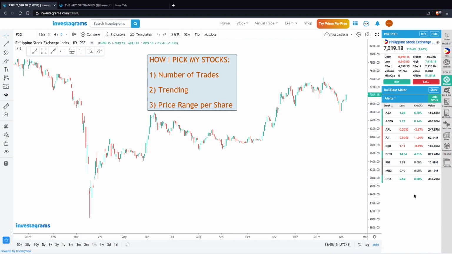So, just to be transparent, I actually don't have Dito on my portfolio right now, but I used to have it when it was below the price range, when I've set the price range before. I only have it here just for my daily top 10 because it's always on the trending. So I like watching it. I like watching what's happening in it.